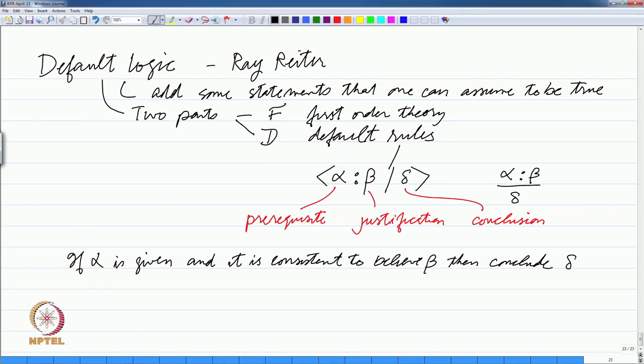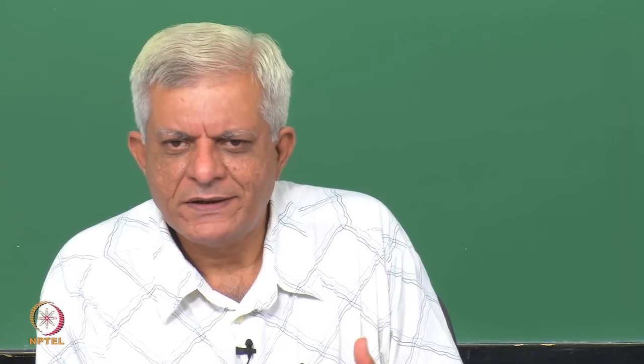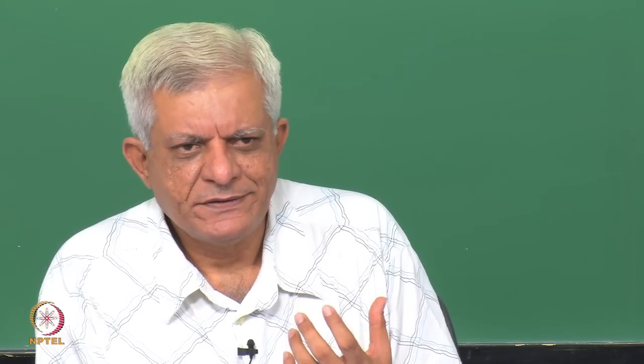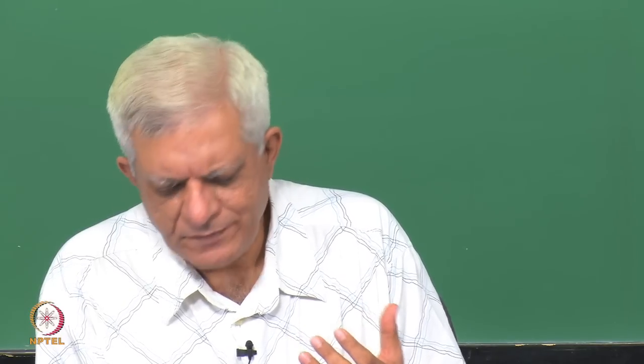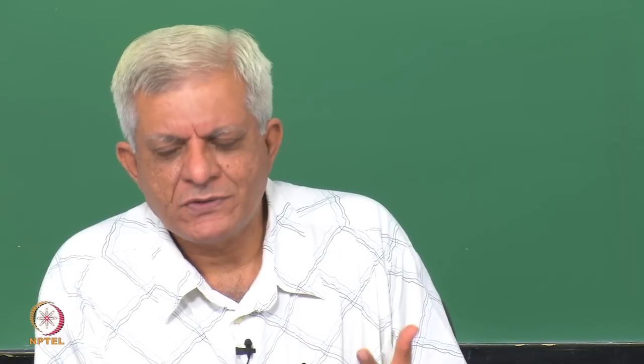This phrase, that it is consistent to believe beta, is one of the statements that we keep making when we talk about default reasoning. If it is consistent to believe something, then you can go ahead and assume that thing holds. And we say that it is consistent to believe beta if you cannot show not beta. That is a typical way of doing things, and this is what we are looking at in default logic and also in autoepistemic logic, which we will do next.